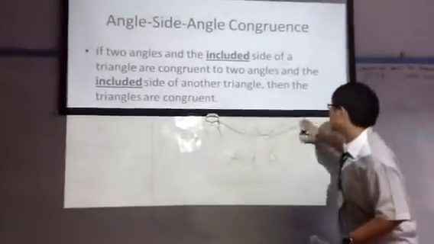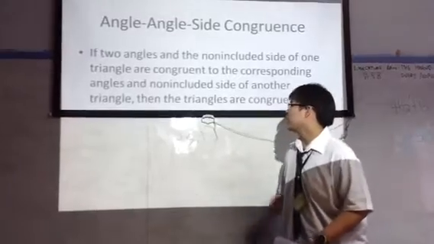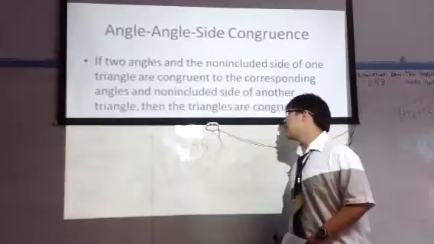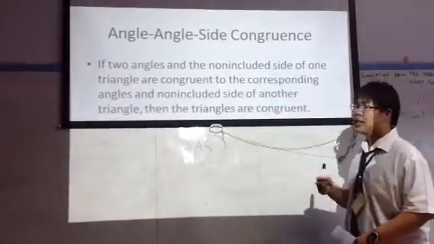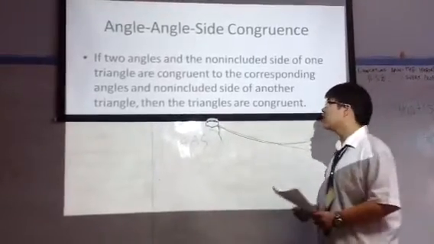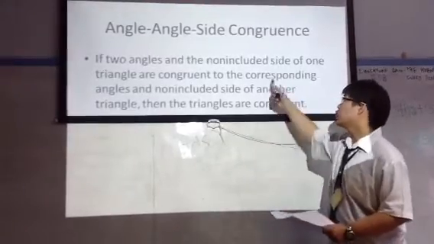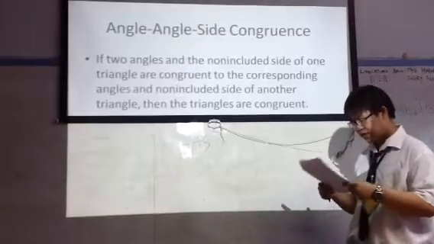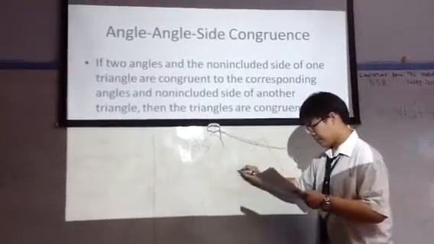Okay, next we have another type. This is called the angle angle side congruence. Now this is important because this is not included. So it is another theorem entirely. The angle angle side congruence means the side is not in between, but to the next. So if it's angle angle side, it looks something like this.